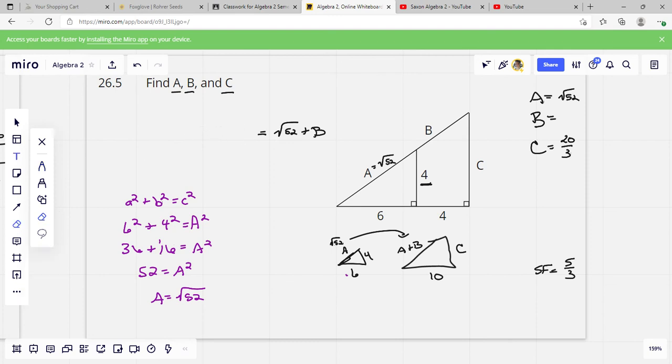It's going to make it look better. So if we said 5 over 3 times the square root of 52, there we go.